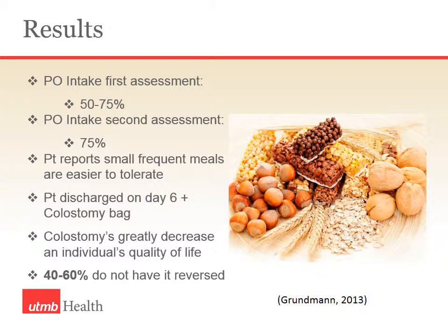Other than this, it may be a really big change for him upon discharge, especially going back to work and trying to do his normal daily functions. And it's really concerning because 40 to 60% do not have it reversed. So hopefully this patient is in good enough health that he will be able to have it reversed.